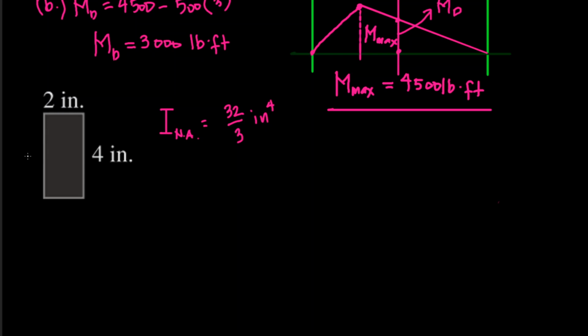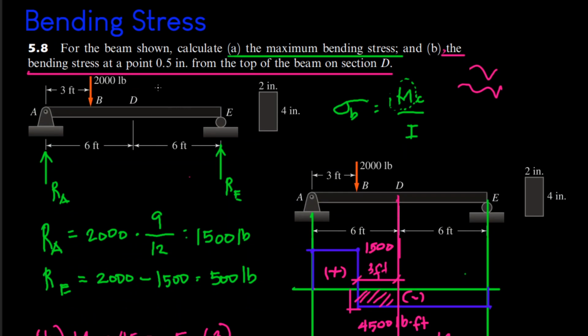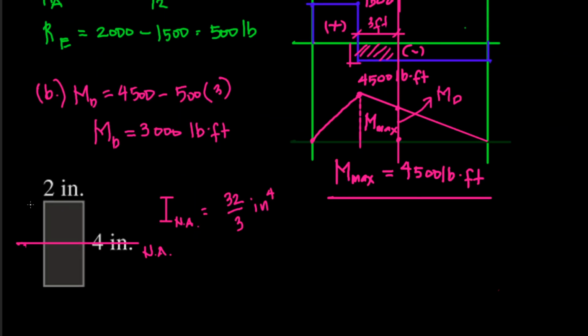Okay, so sabi niya sa problem, kung ito yung neutral axis natin, kailangan daw natin malaman yung bending stress at 0.5 from the top of the beam at section D. So, kailangan daw natin malaman from the top of the beam dito sa section na to, itong stress dito.